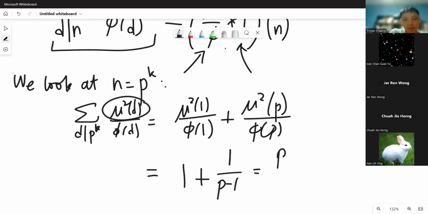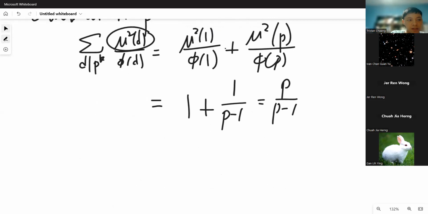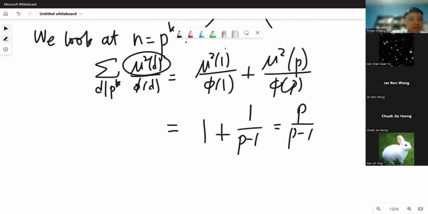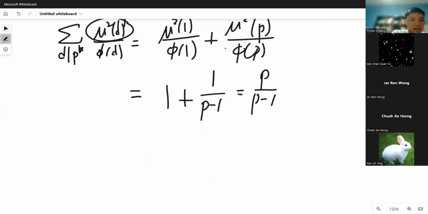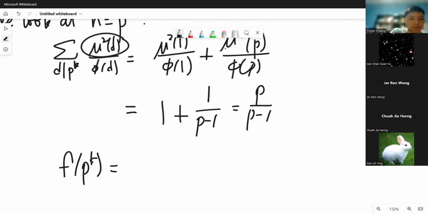And this is p over p minus 1. Therefore, if I define this to be Fn, then f of p to the k is equal to p over p minus 1.